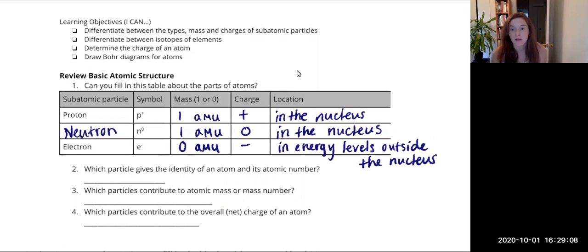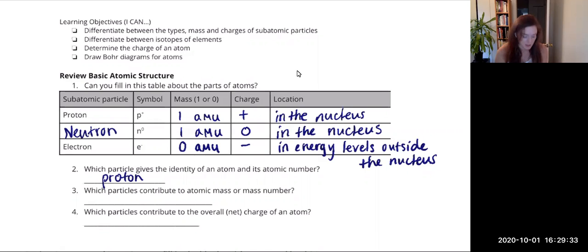Okay, so if you can fill out this table, that means that you really understand everything you need to know. And the rest is just applying it. So which particle determines the identity of the atom? That's the proton. If you look at the periodic table, the identity of the atoms is based on the atomic number.